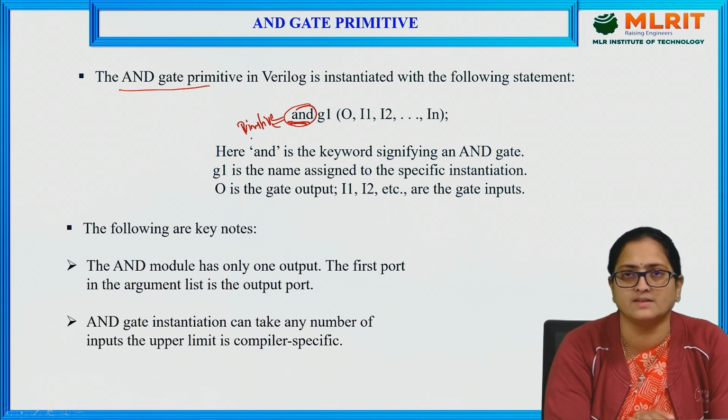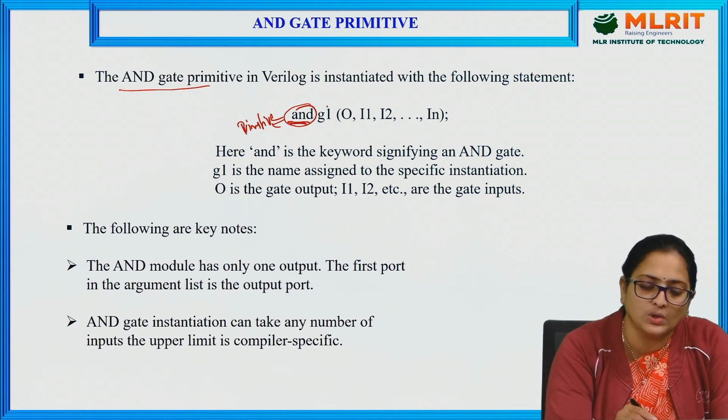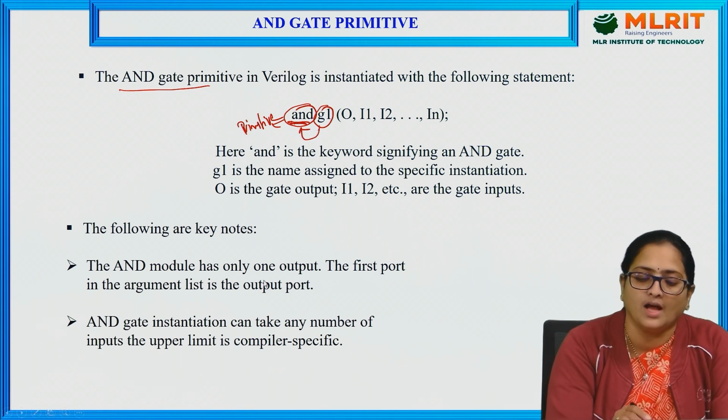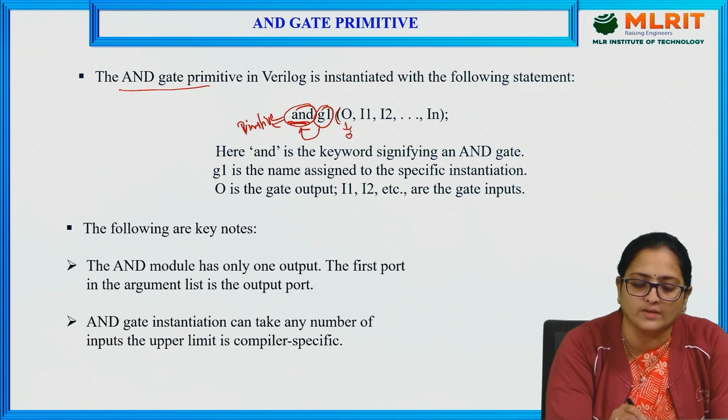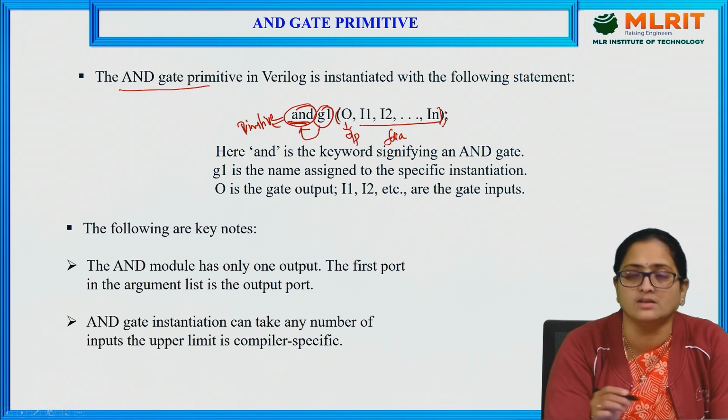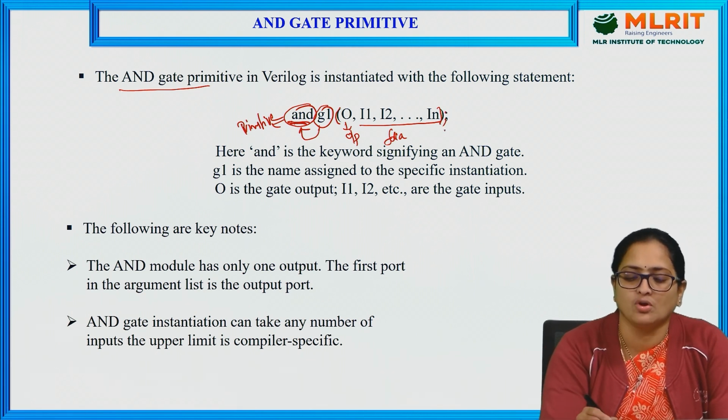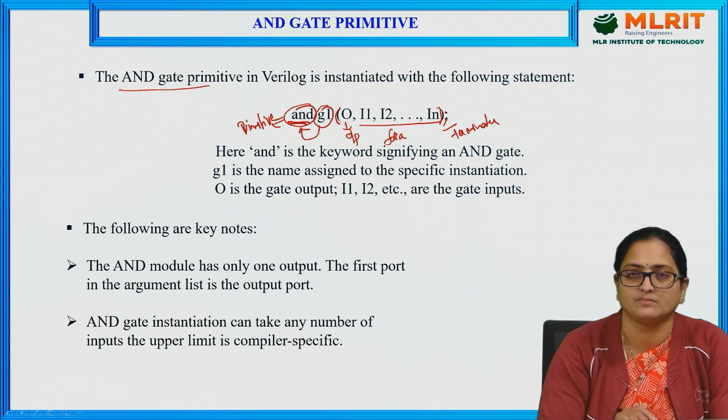This and is a primitive, G1 represents the name of that instance, and in the open braces the output O is defined first, followed by the inputs, then the close brace and a semicolon. This semicolon terminates the statement here.